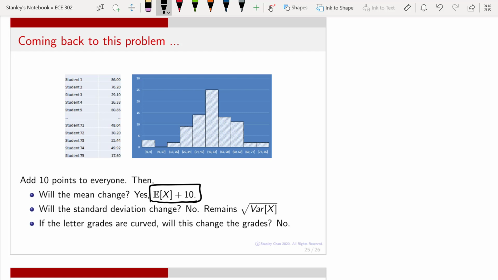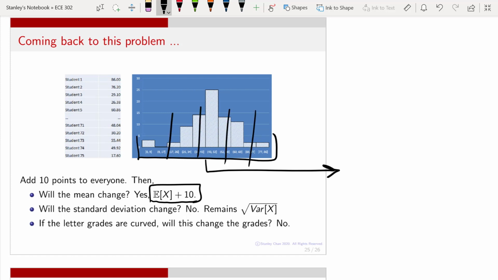No, because if you move this entire histogram to the right by 10 points, the standard deviation will not change at all. And also, if the letter grades are curved, will this change the letter grades? The answer is also no, because the letter grades are assigned relatively between the student's score and the class. And so what you really care about is the standard deviation and not the mean.